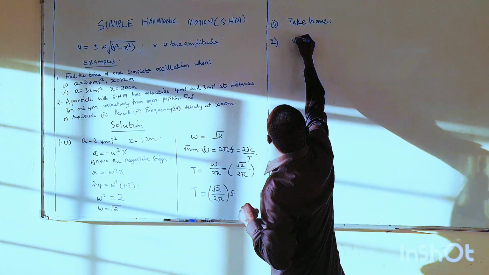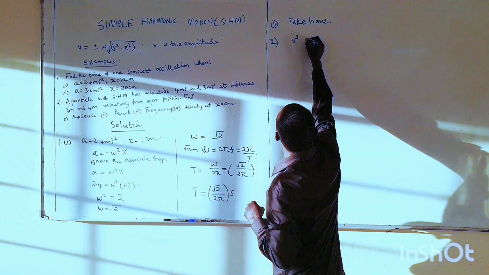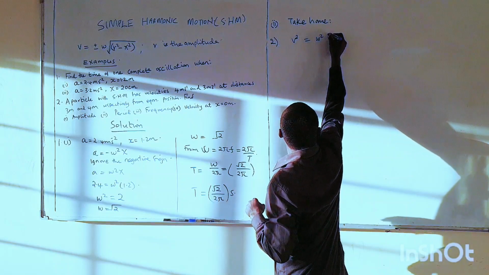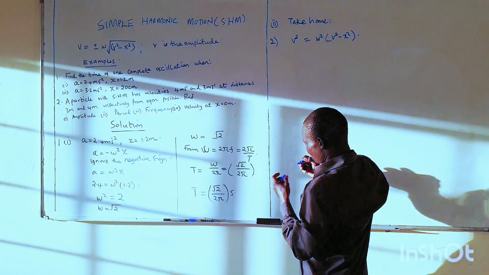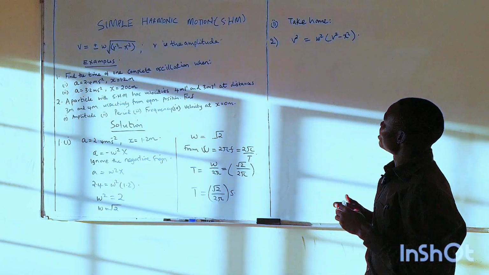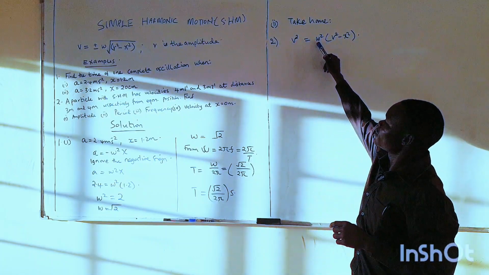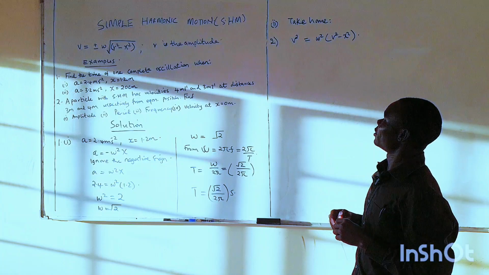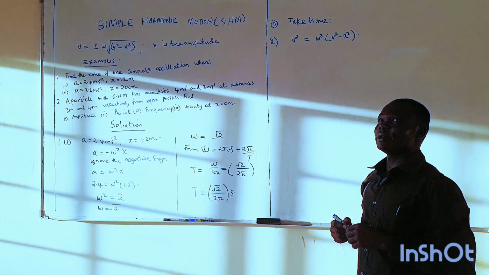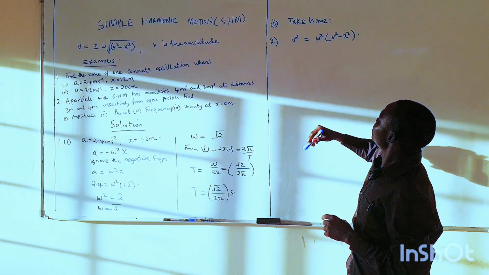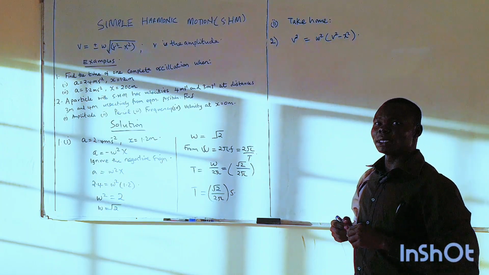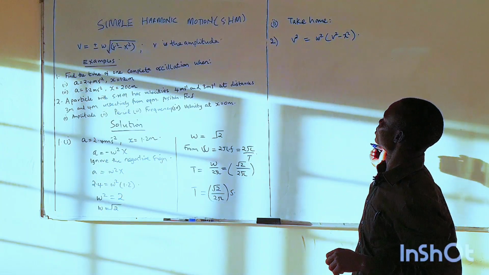Let's use v squared is equal to mu squared into r squared minus x squared. Remember that v is velocity, mu squared is the angular velocity squared, r is our amplitude, and x is the displacement from the equilibrium position.